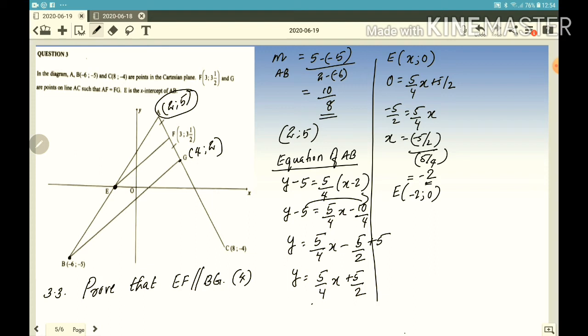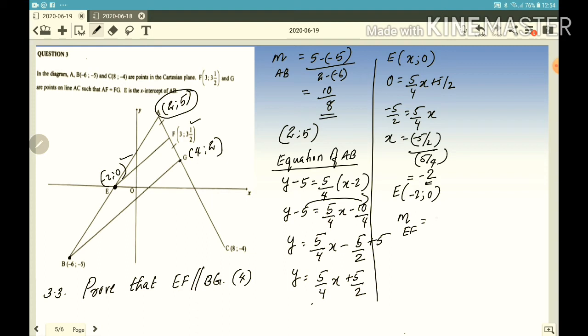Okay, now we can find the gradient of EF, because we have F and we have E now. What is our E now? Minus 2, 0. Since these two points are there, we can find the gradient: change in y by change in x.